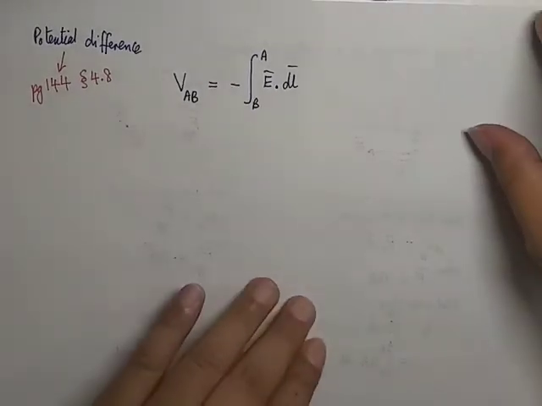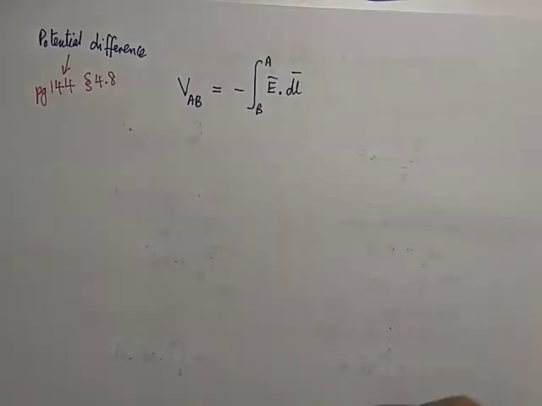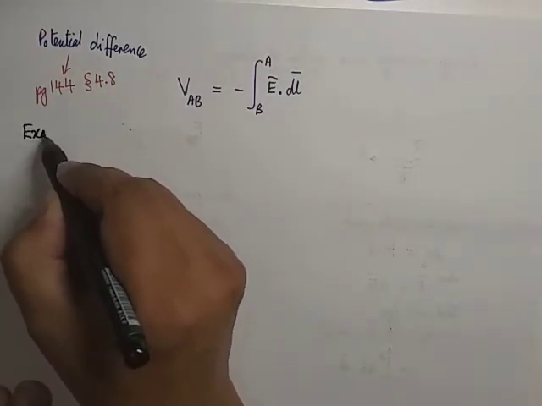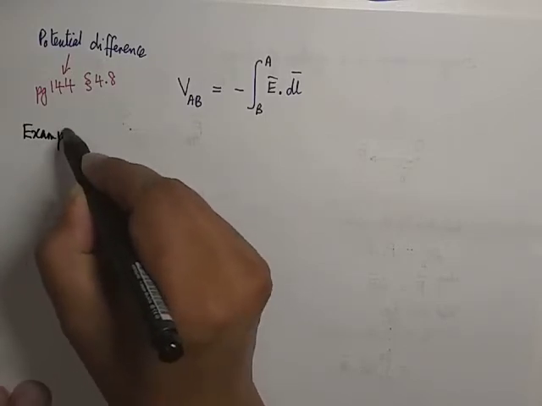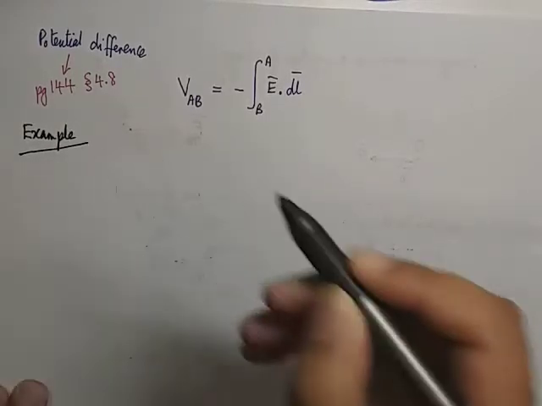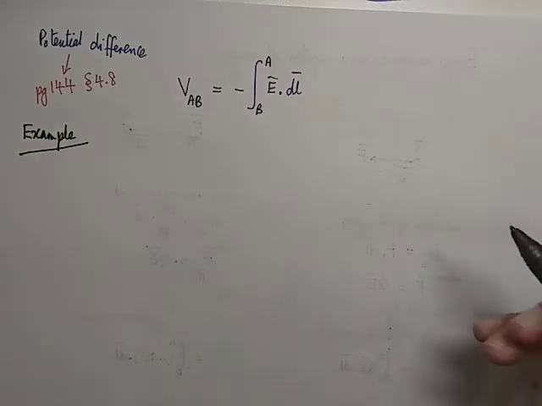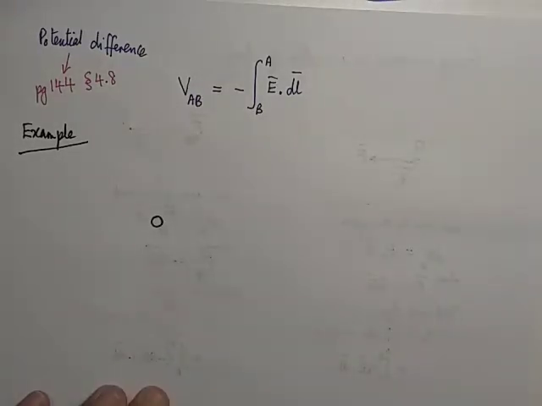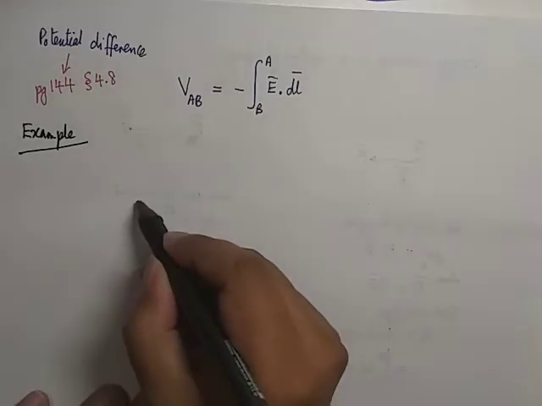Okay, so what I'm going to do next is an example. Let's say you have a point charge. My point charge value is Q coulombs.